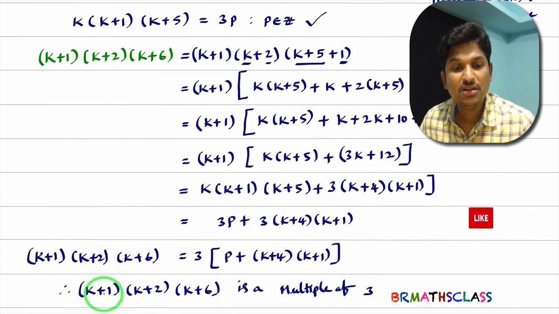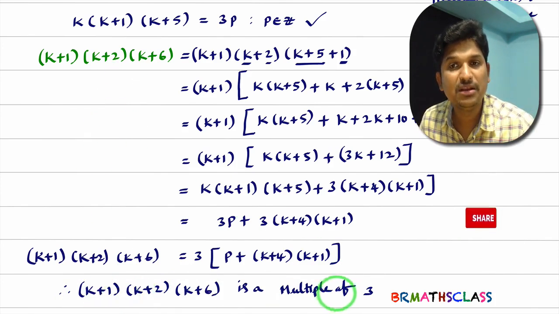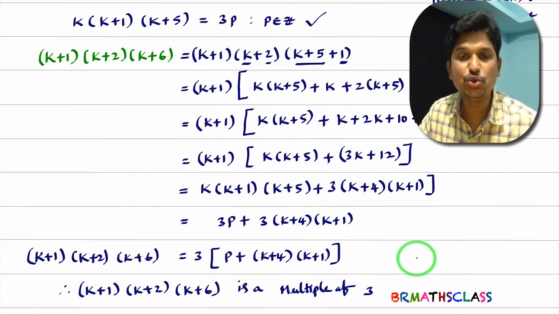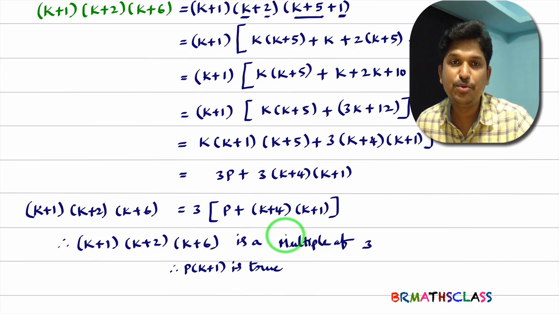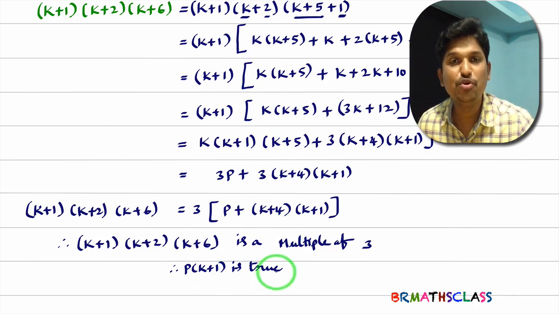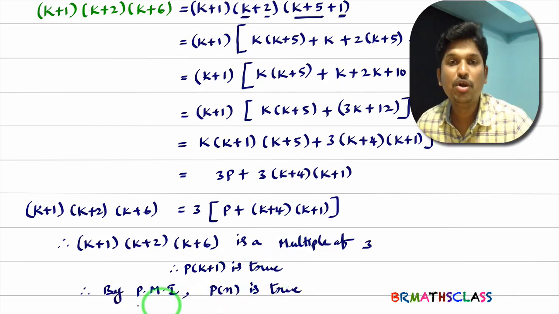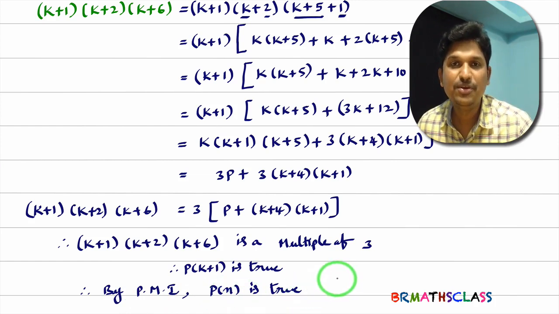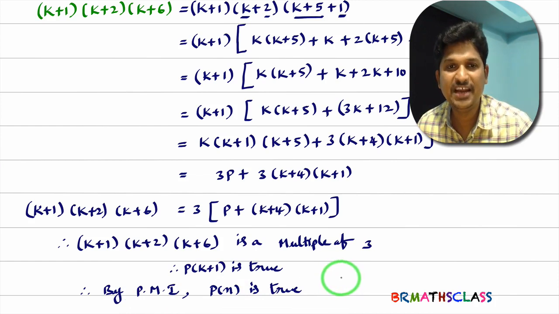I proved that this is P of k plus 1. That means we proved that P of k plus 1 is true. So what happened? First I proved P of 1 is true. Next, second part, by assuming P of k is true, I proved P of k plus 1 is true. So by the principle of mathematical induction, I can say that P of n is true. Hence, we proved the given statement by using the principle of mathematical induction.